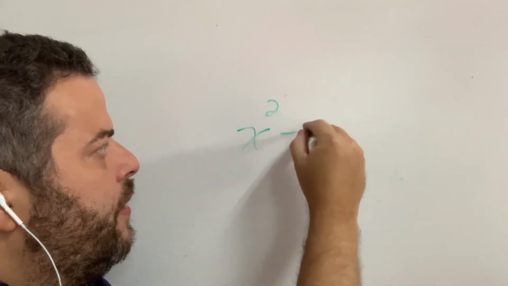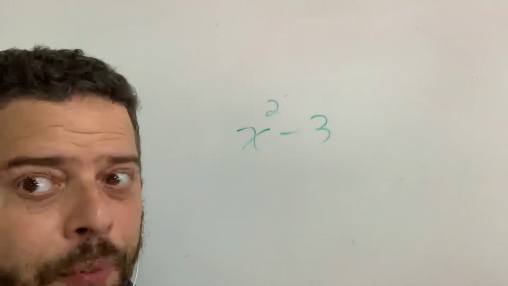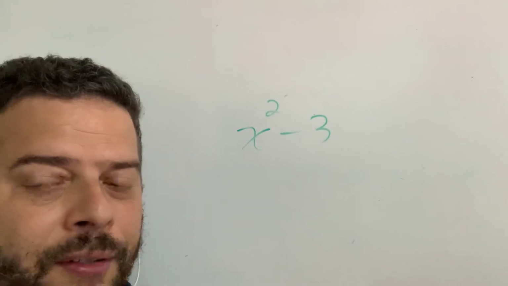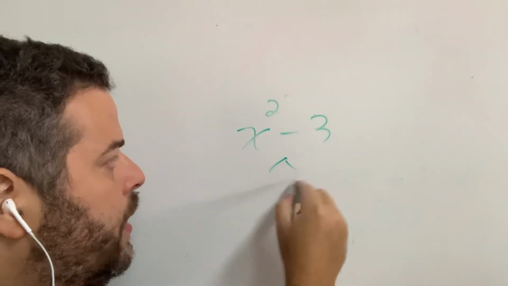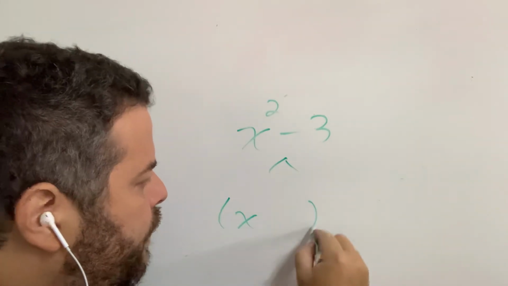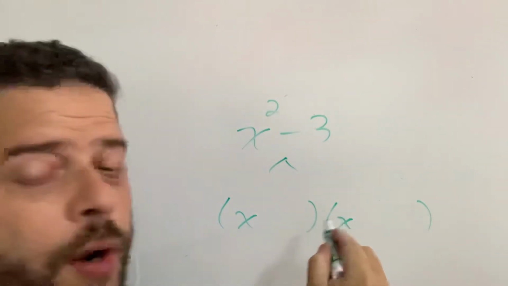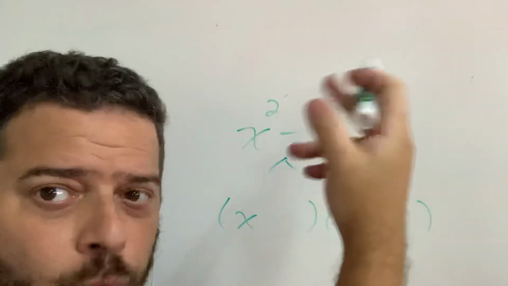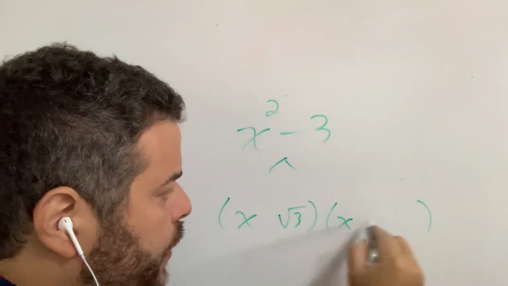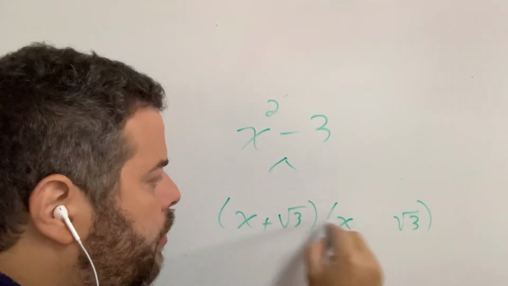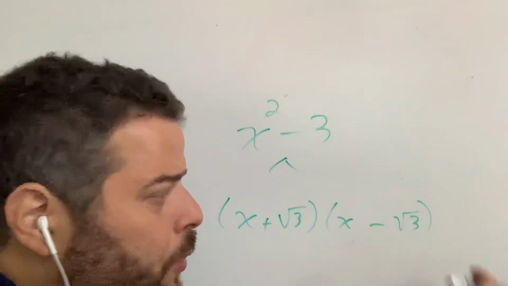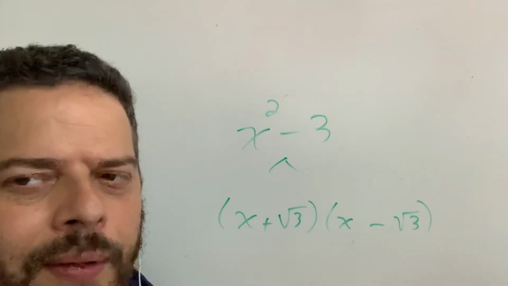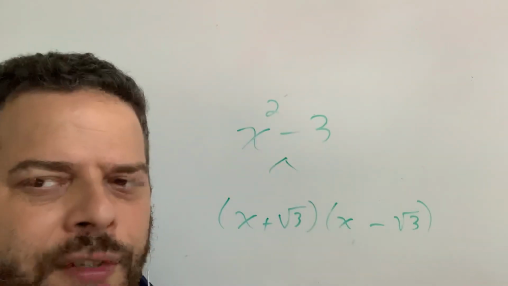If you're given this expression, and they're asking you for a difference of squares, you should know that this would become the square root of the first and the square root of the second, plus minus.